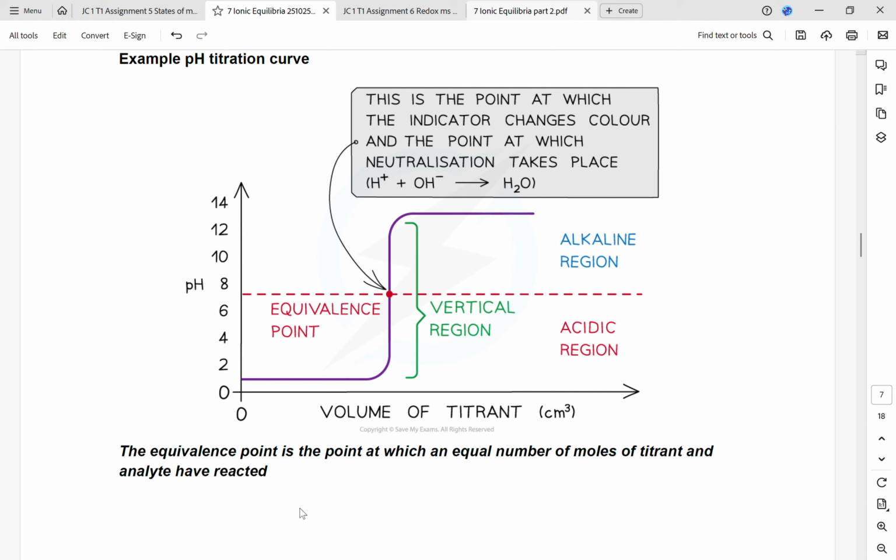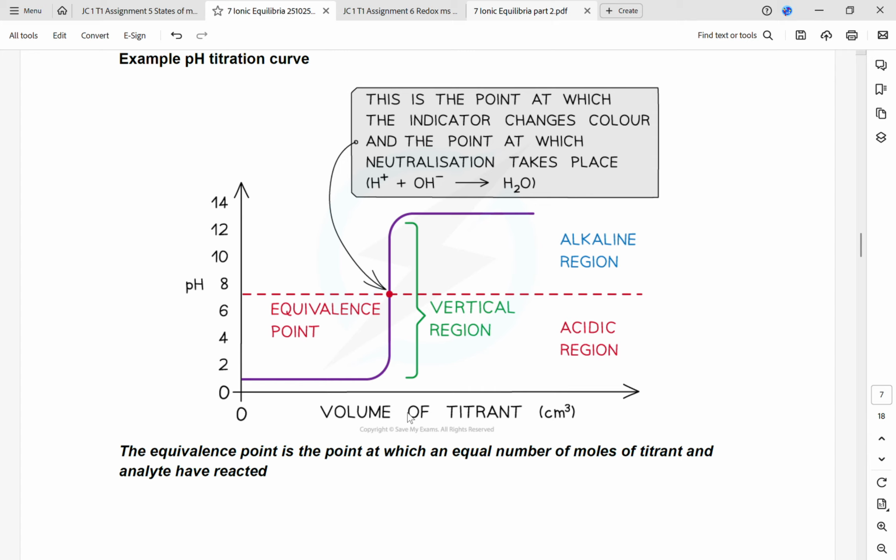If we don't do the practical ourselves and we just look at the pH titration curve like this, we can predict if this titration is between strong acid and strong base, or weak acid and strong base, or strong acid and weak base, or whatever. We can predict from the shape of the pH titration curve.